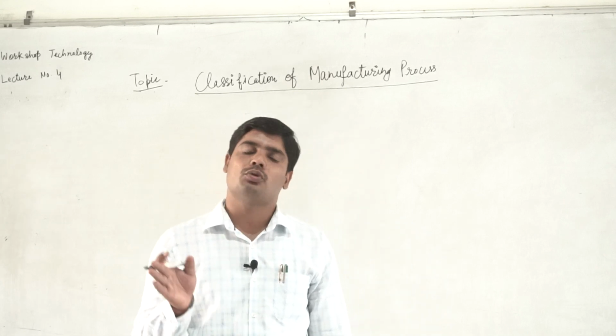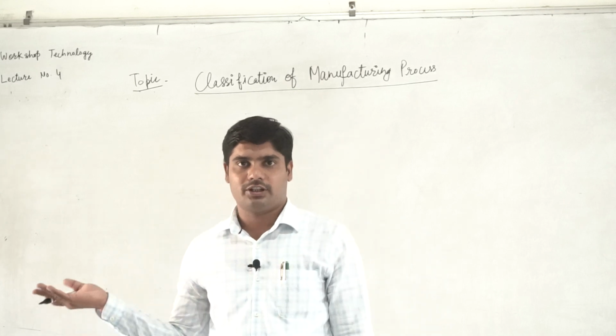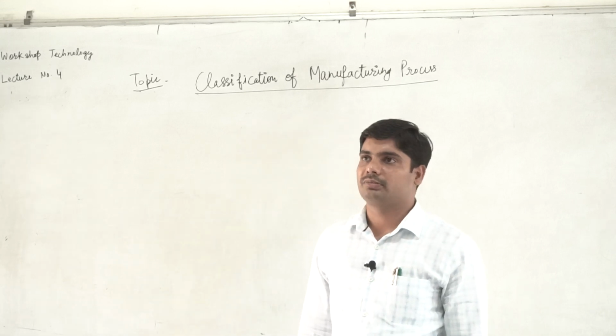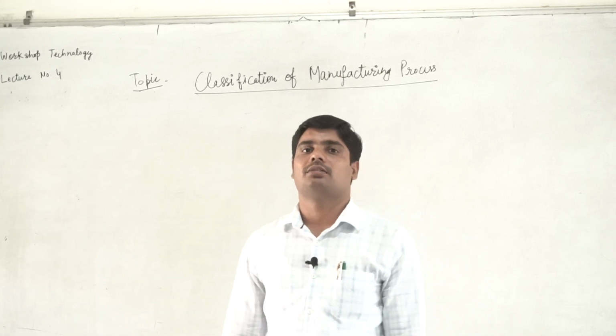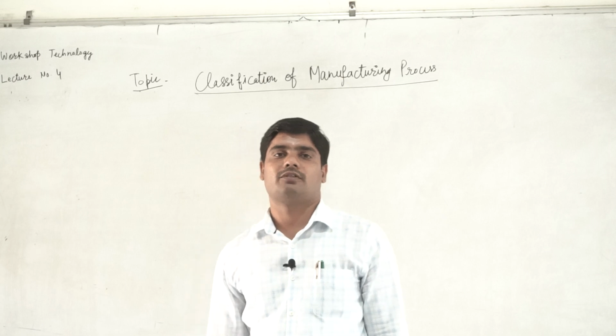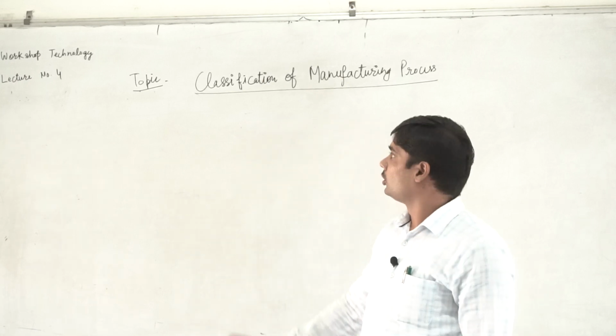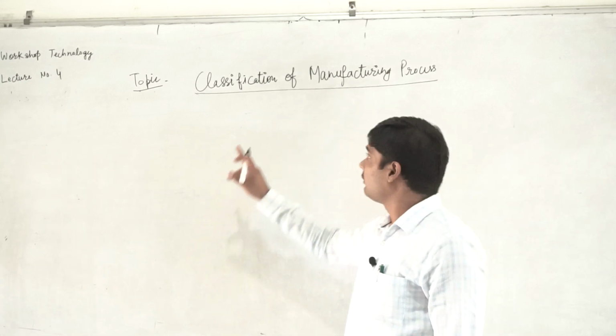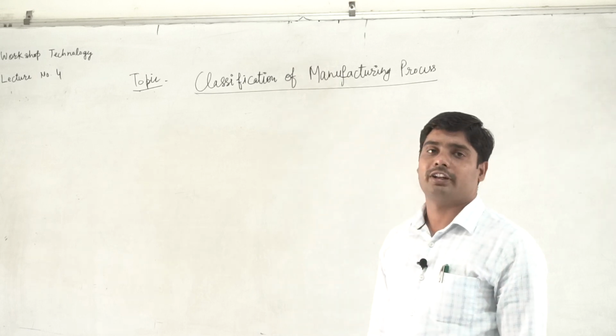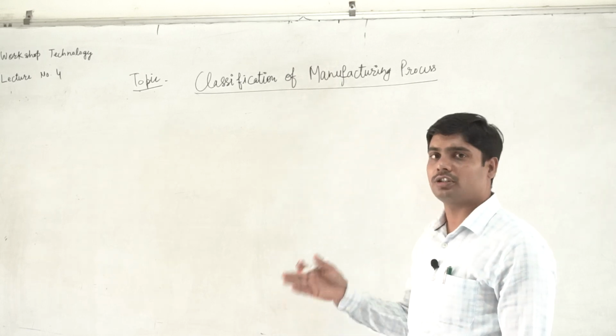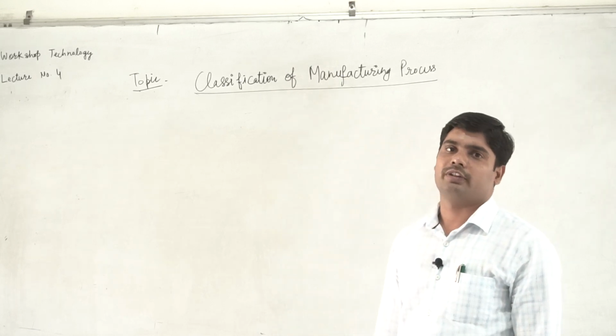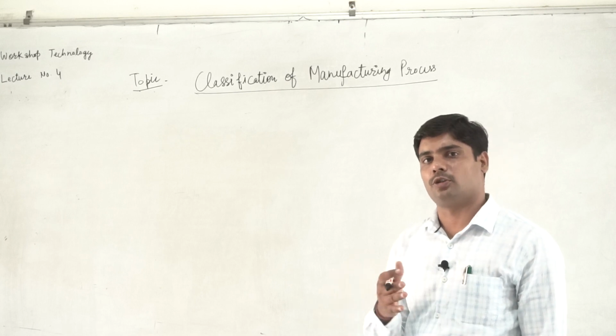You all are aware of these processes. What is metal cutting, what is metal casting, what is metal forming and what is welding. So basically our classification of manufacturing process is done on the basis of those basic operations.